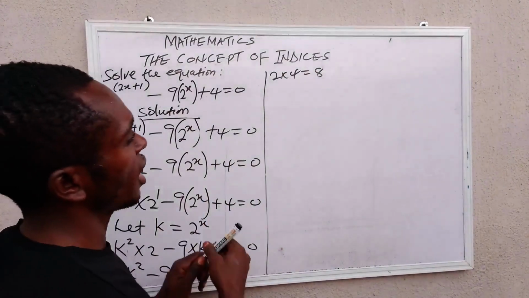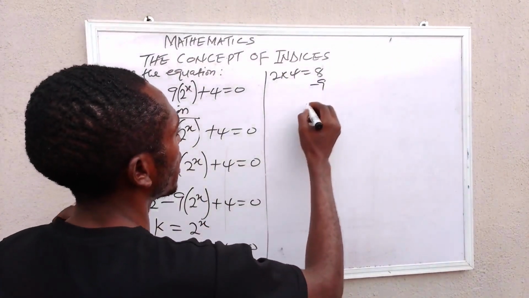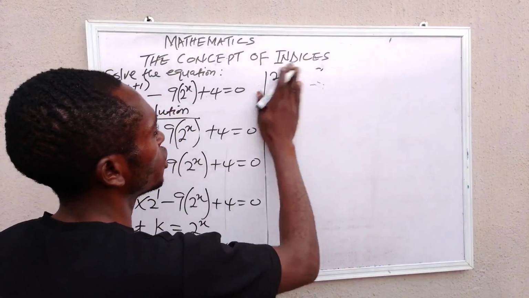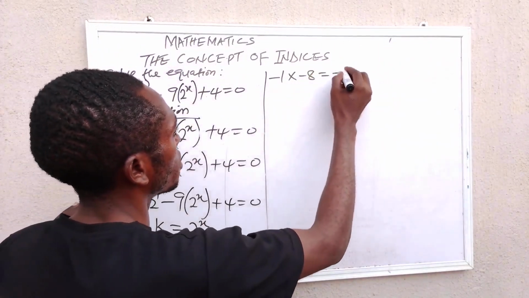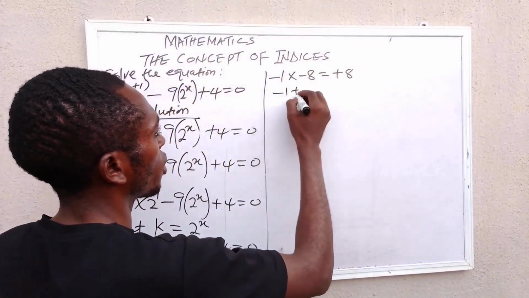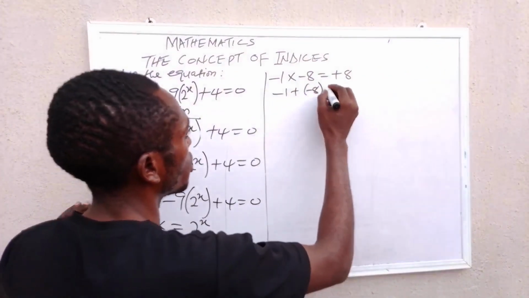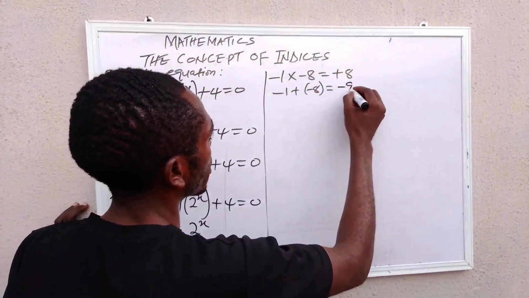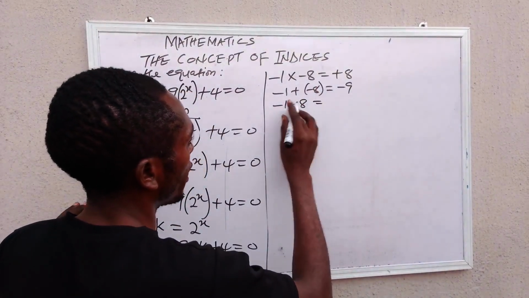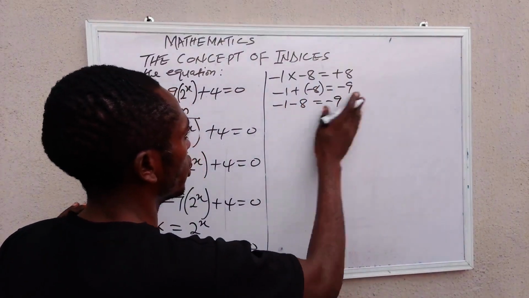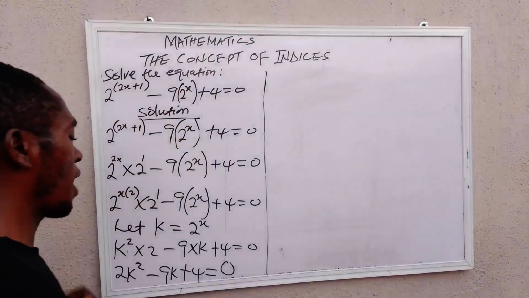Because the plus 8 has no sign, and we're looking for minus 9. So the two numbers are minus 1 times minus 8, which gives me plus 8, and minus 1 plus minus 8 gives me minus 9. So the terms are minus 1 and minus 8.